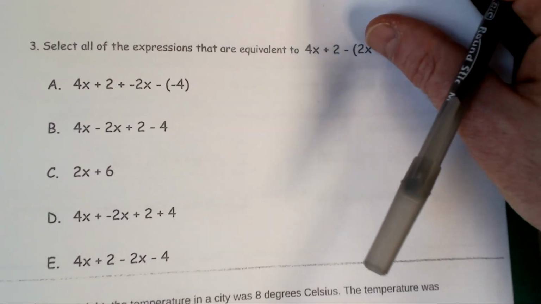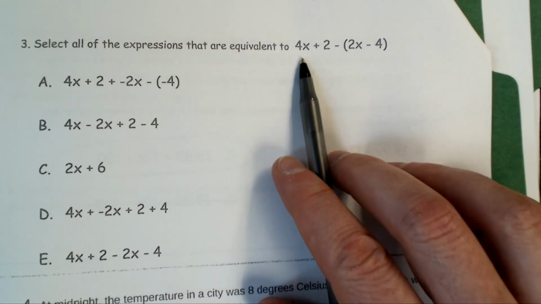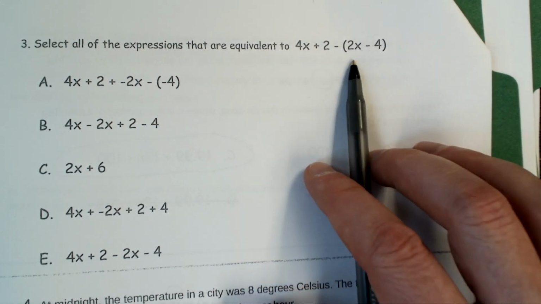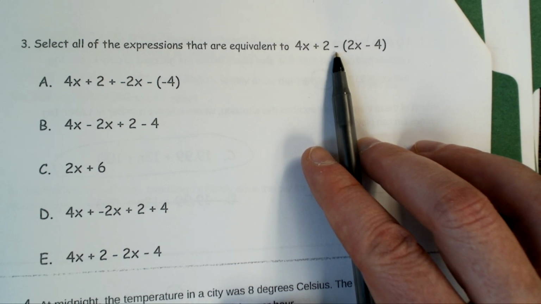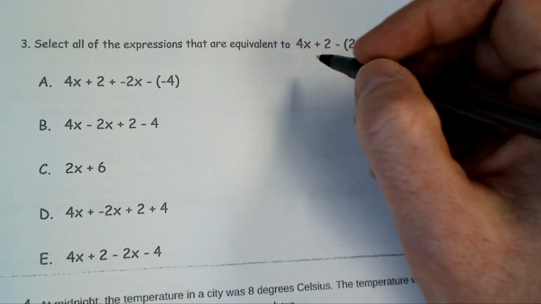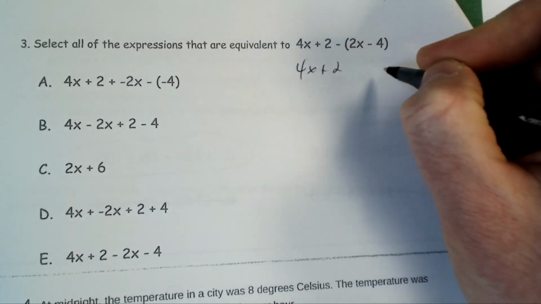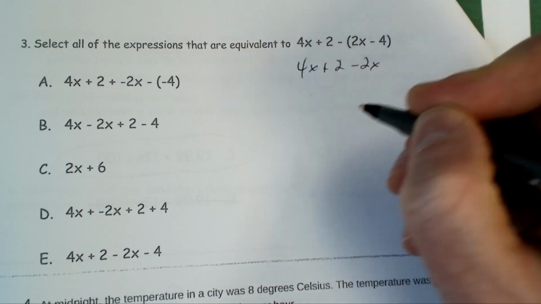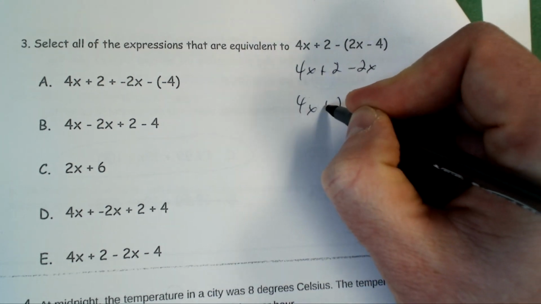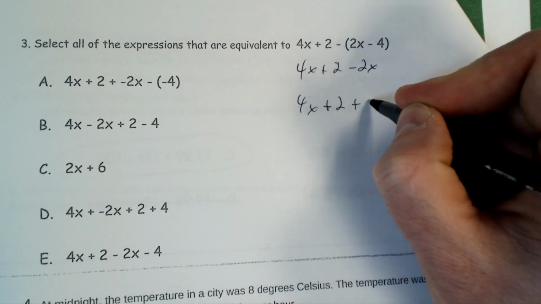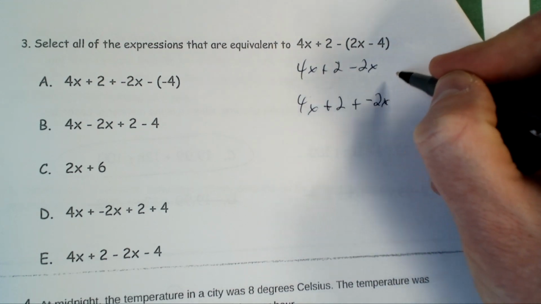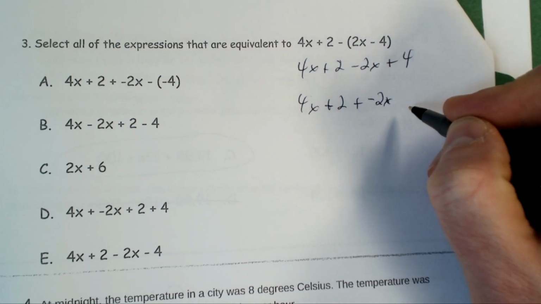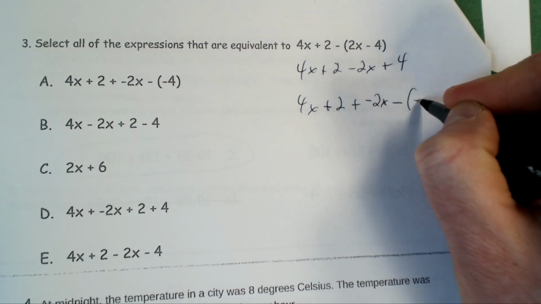Number 3 here. Select the expressions that are equivalent to 4x plus 2 minus, start in parentheses, 2x minus 4. First thing, get this out of the parentheses. But remember, there's a minus sign here. So that means these change. 4x plus 2 stays the same. Now, this can either be minus 2x, I'm going to actually write this twice because 4x plus 2, it can be plus negative 2x, negative times a negative is a positive, so this can be plus 4, or it can be minus a negative 4.